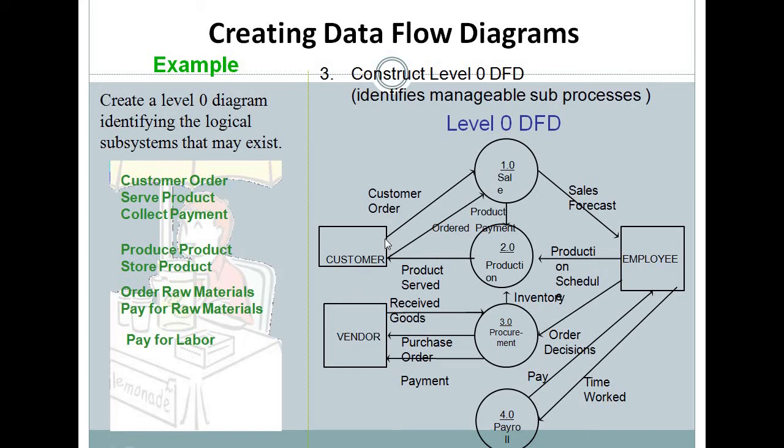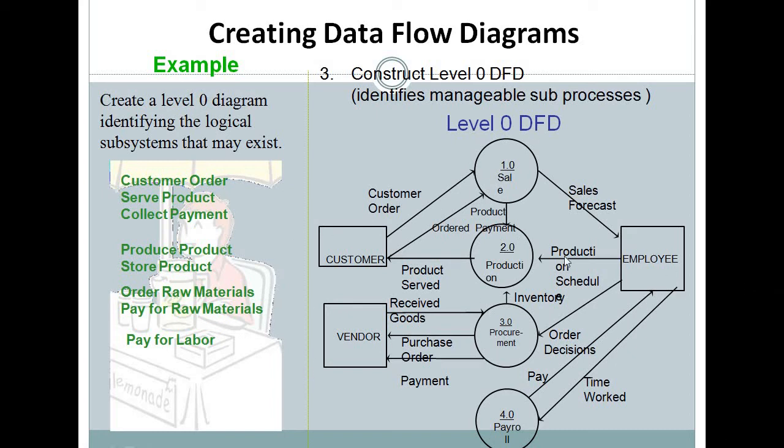So how the customer order is given, then customer forecast to employees, how employee production schedule is given to production, how production is served, vendor receives goods, purchase order, then payment to the procedures, payment modes, and how payroll is to be done, how employees interact with procedures, how orders are given, payroll is followed, and the time worked. So this is the second level, you can say the level 0 DFD diagram, we will mention.